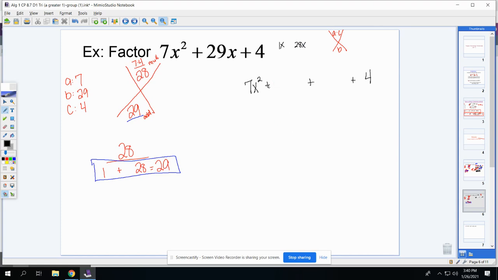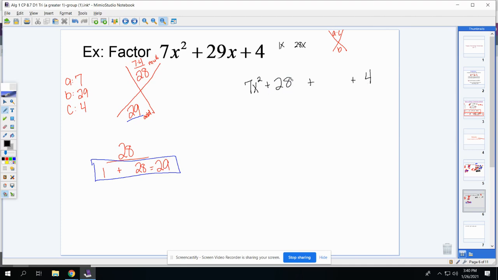Now this is exactly what I'm thinking. We got the numbers 7x squared and 4. As of right now, it looks like 7 is the bigger number. 4 is obviously the smaller number. Because there's not much difference, we know 7 goes into 28. We know 4 goes into 28. Because there's not too much of a difference, I like to put the big number with the big number and the small number with the small number.